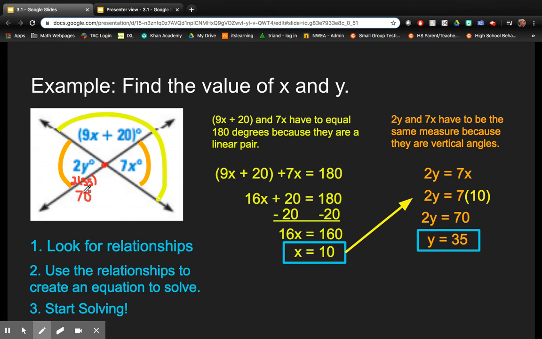So I know that the measure of that angle is 70 degrees. If I wanted to check this one to determine that it's also 70 degrees, I would find x, which is 10, and I would plug in 10. I would get 7 times 10, and 7 times 10 is also 70, telling me that these are truly vertical angles and I've done my algebra correctly.